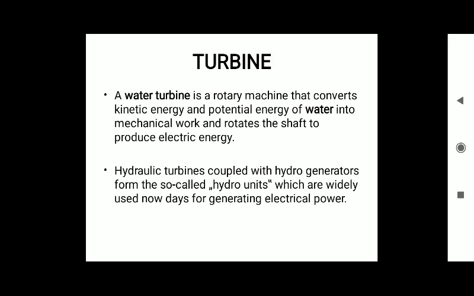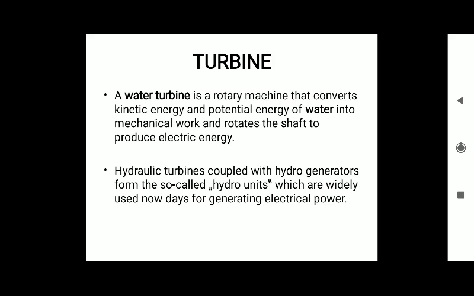A turbine actually consists of different parts, which are runner, blades, shaft, bearings, and then it is connected to an electrical generator. When water falls from a height, it falls on the runner. The runner has some blades.